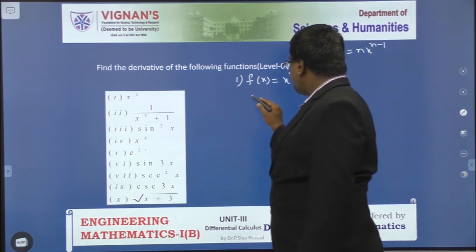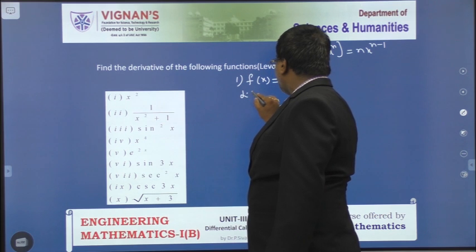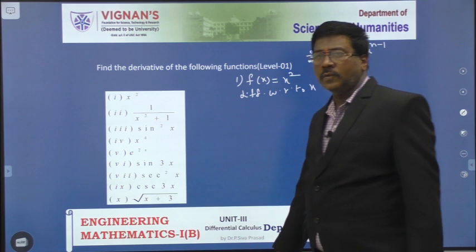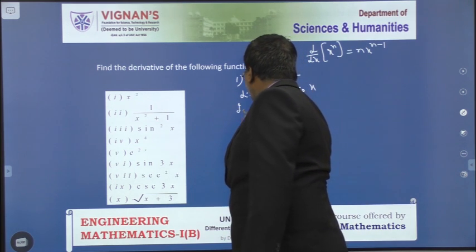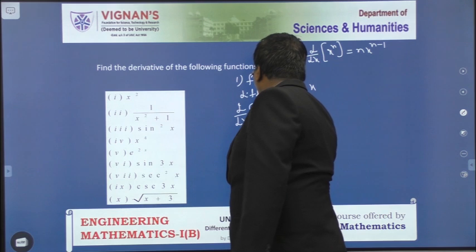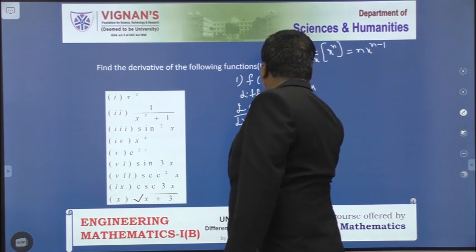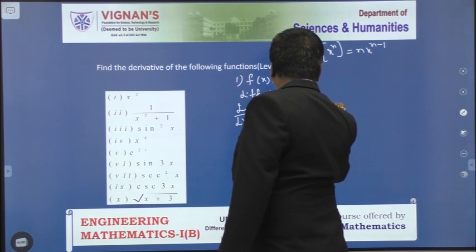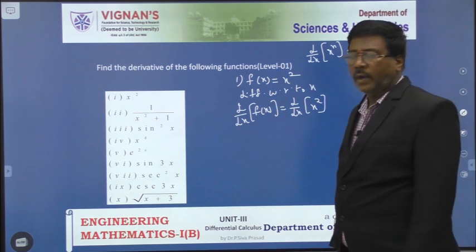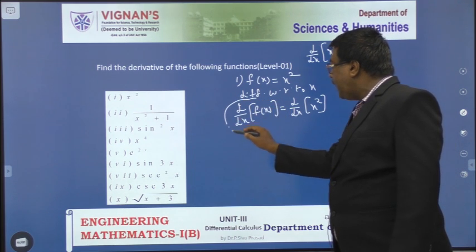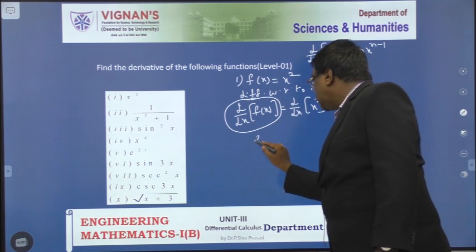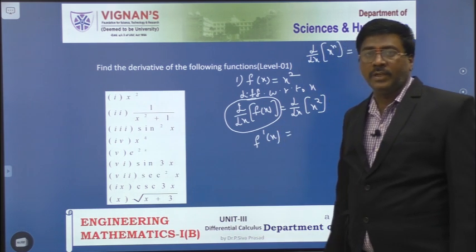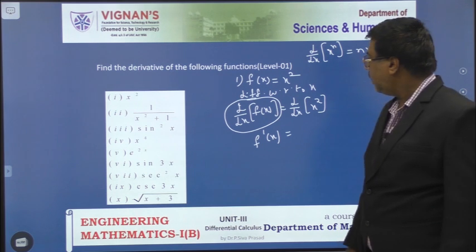Now I have to start with this. Differentiate with respect to x on both sides. That means d by dx of f of x is equal to d by dx of x square. How do we write d by dx of f of x? Simply f dash of x, which is called the first derivative of the function f of x.